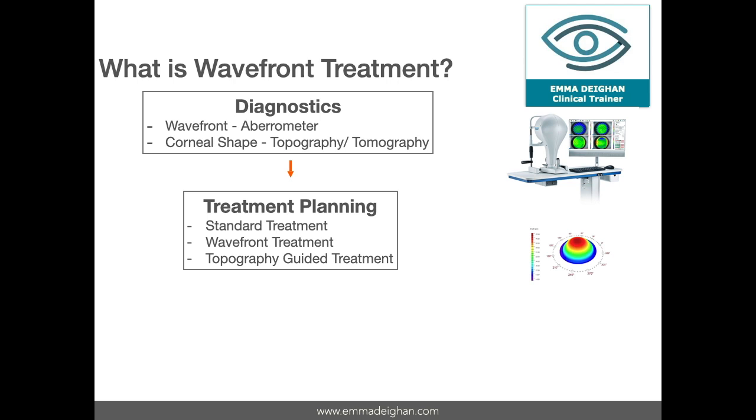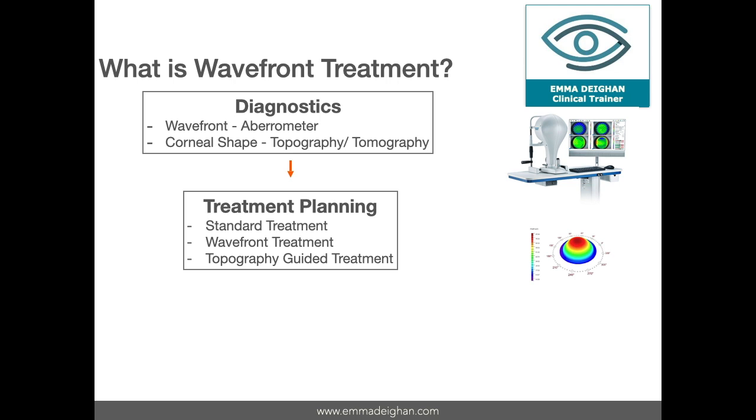With standard treatments, some lasers will offer a wavefront treatment, but it's not based on the patient's aberrations, it's based on what the laser is going to induce. So it might be called a wavefront corrective treatment, or there are all different terms.